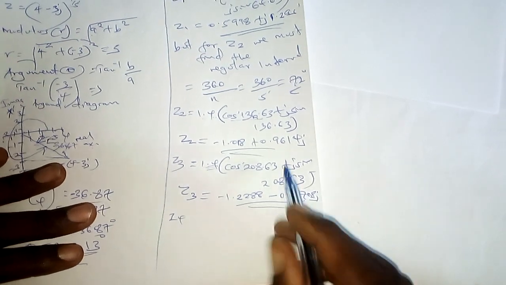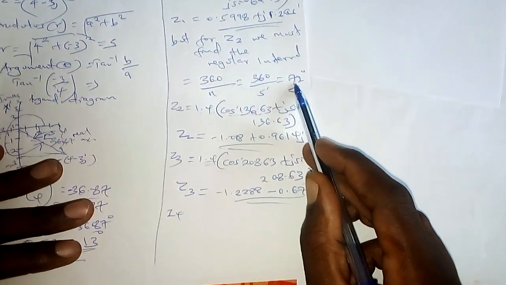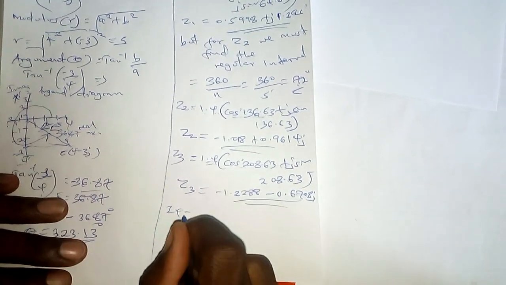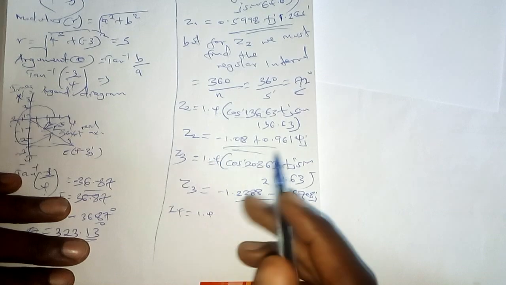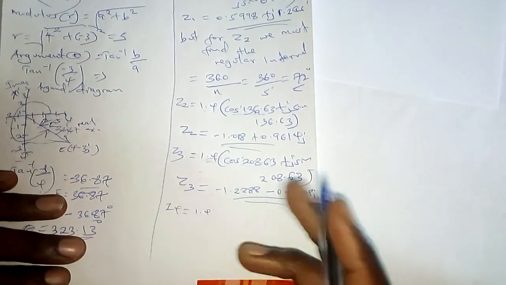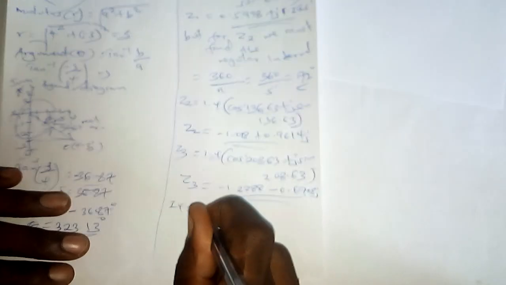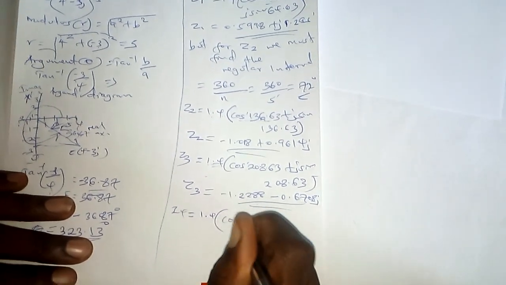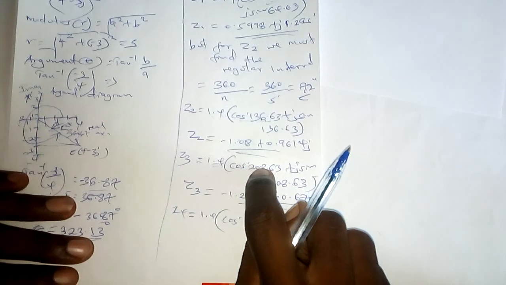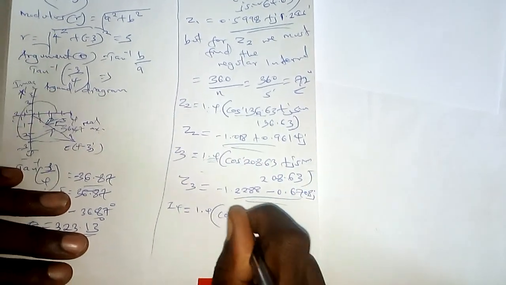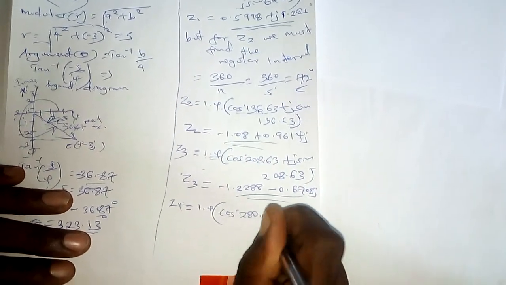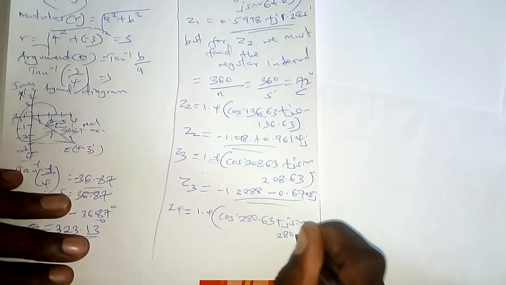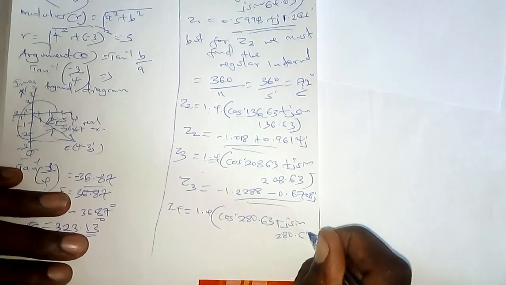Again, you take the regular interval 72 and add it to this angle to get the next root. It will be 1.4 into cos 280.63 plus j sin 280.63.